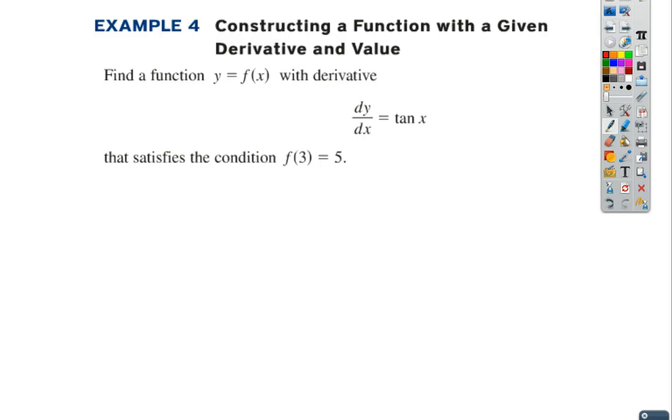He says here, find a function y equals f of x with this derivative right here, and it satisfies the condition f of 3 is equal to 5.